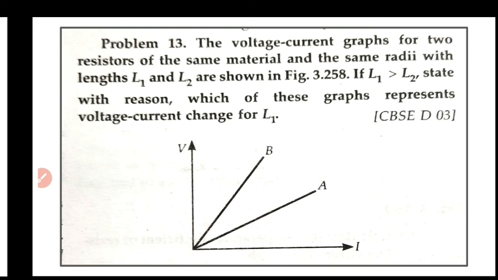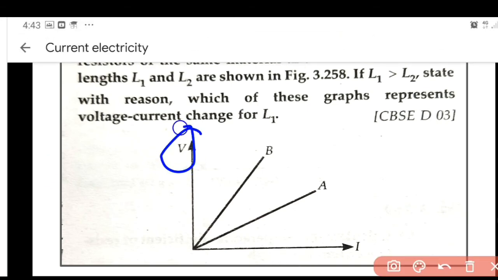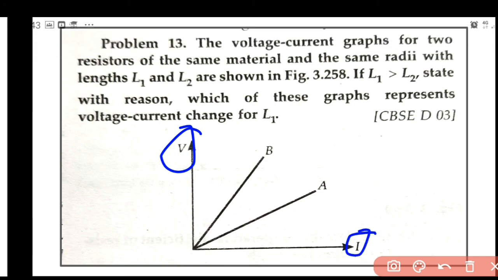Here V is along the y-axis and I is along the x-axis, so the slope of the graph is equal to resistance. Higher the slope, higher the resistance. Same radii means same area of cross section, same thickness, only lengths are different.